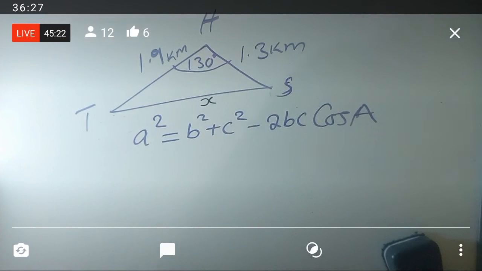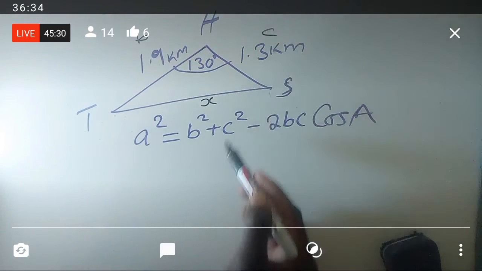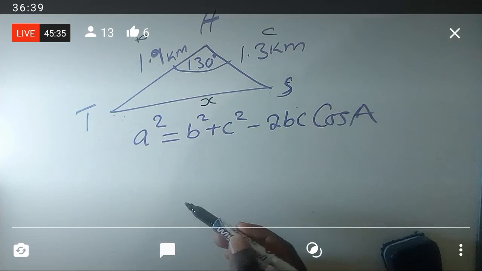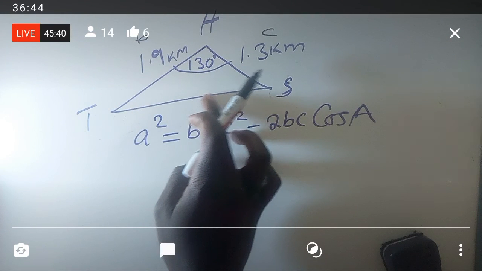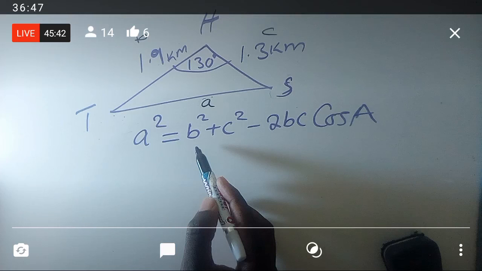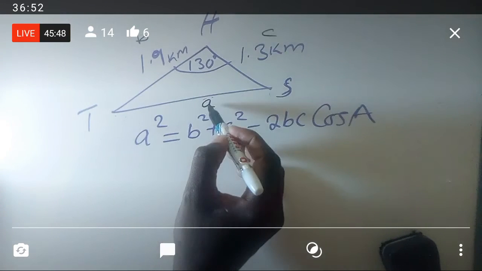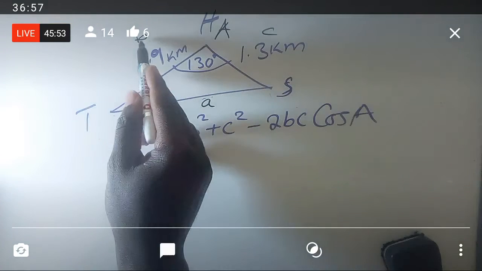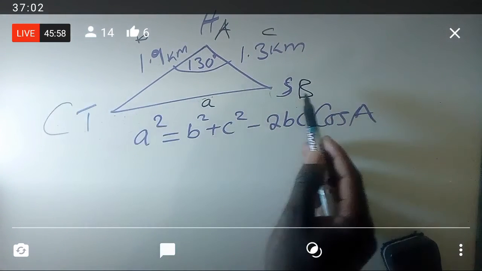Then this one can be B, and this other one C. The side I've labeled X can be A. The angle up here, which is opposite to this side, will be capital A, and then capital B will be here, capital C here. So now we can plug in the values.